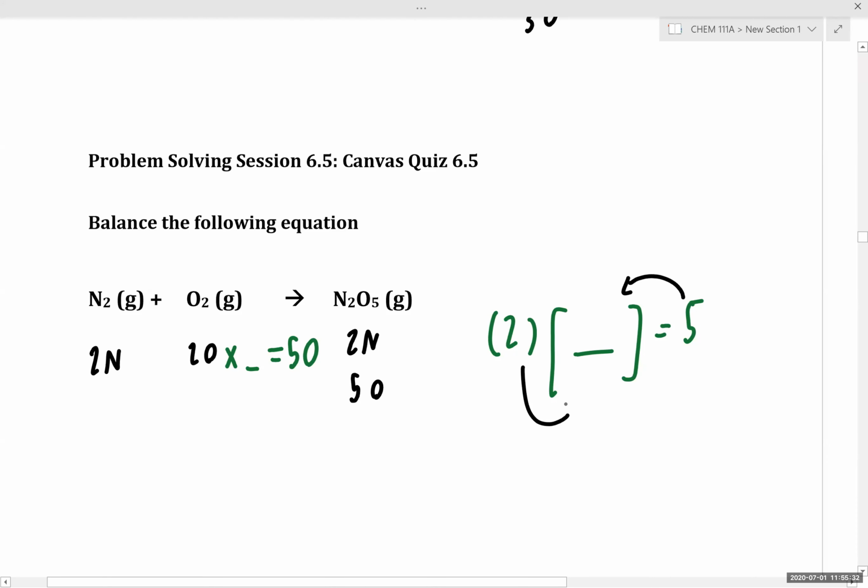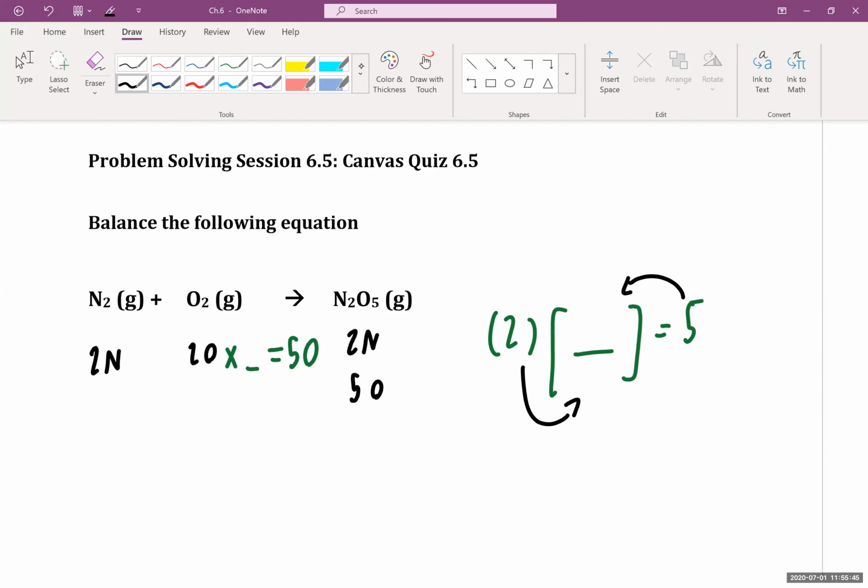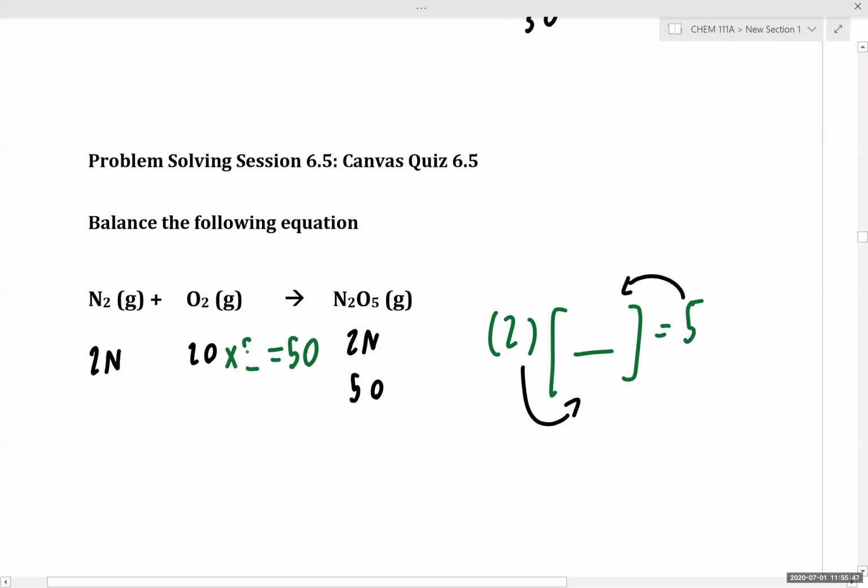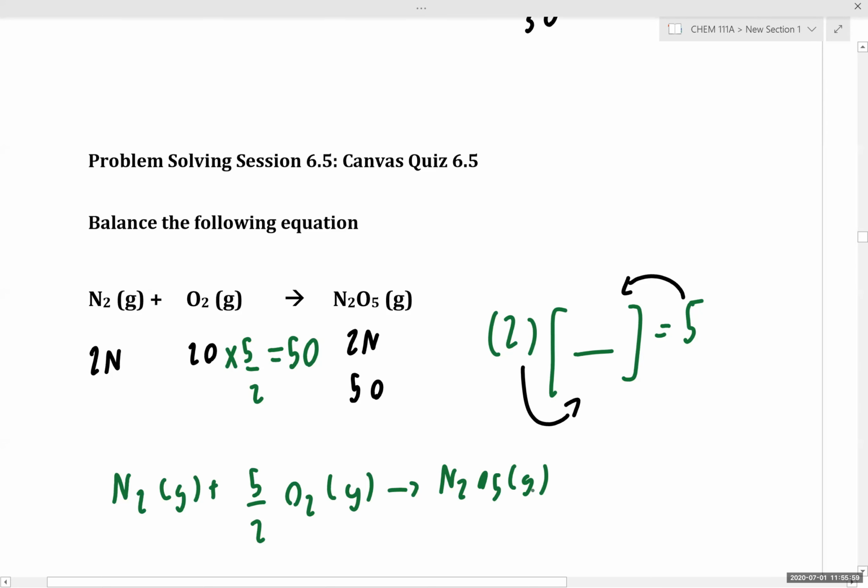If we're using half notation, what fraction would allow us to balance this equation? 5 over 2, exactly right. Okay, so now we have N2 gas plus 5 over 2 O2 gas leads to N2O5 gas.